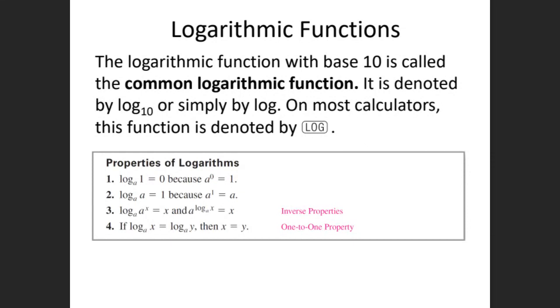It's just x times the log of base a of input a, but that value is 1 from our first property, right? So our answer is just going to be x. And then the last property, if log of base a of x is equal to the log of base a of y, what that's saying is that it's my one-to-one property: for those two logs to be the same, if they have the same base, then the inputs have to be the same.